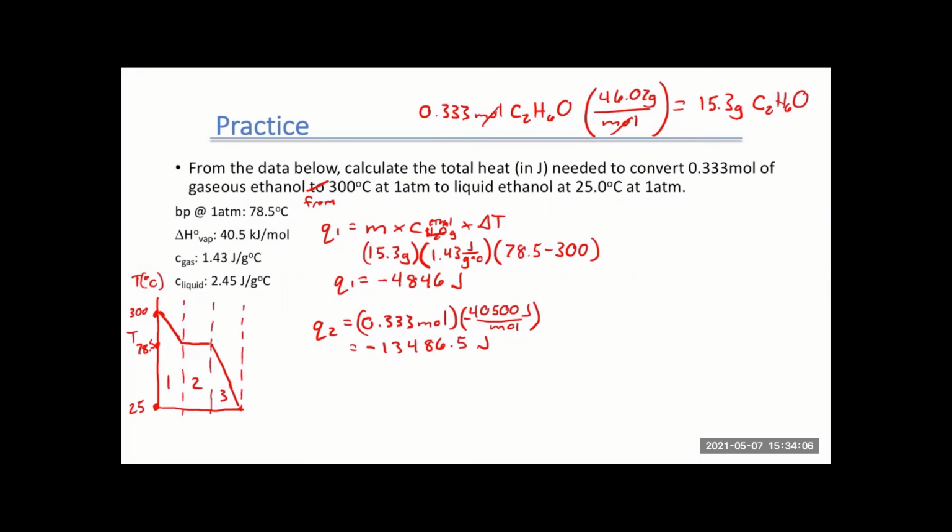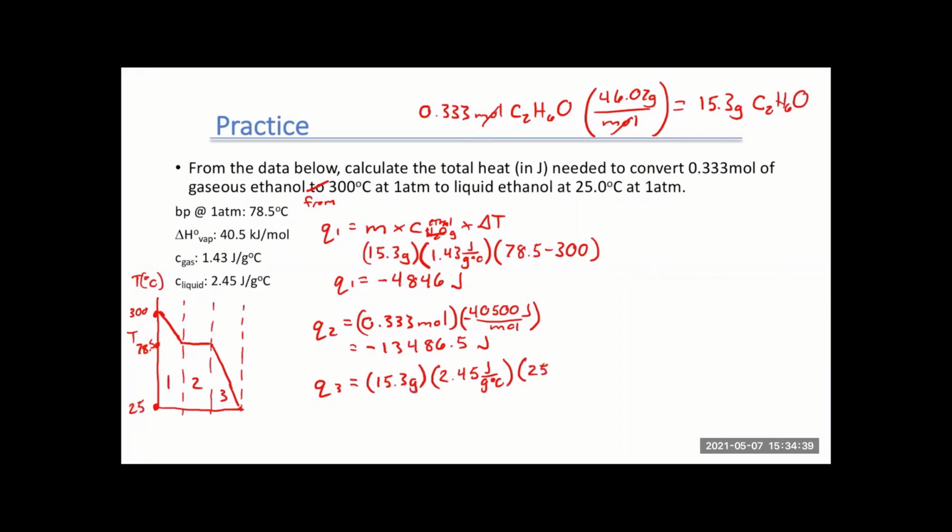And so then we do our final one, stage 3. So in stage 3, Q equals, again, the mass times specific heat in the liquid phase times the temperature change. So our mass, 15.3 grams. Our specific heat now is 2.45 joules per gram degree Celsius. And our temperature change, we're going from that boiling point, that's 78.5, down to 25.